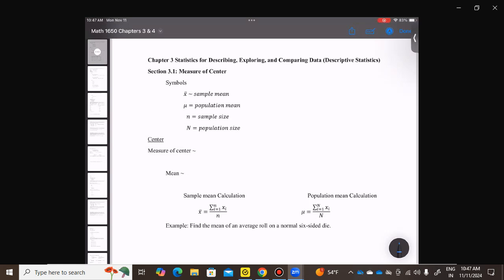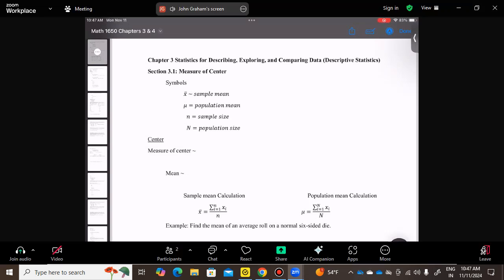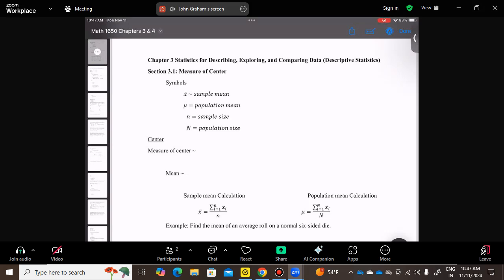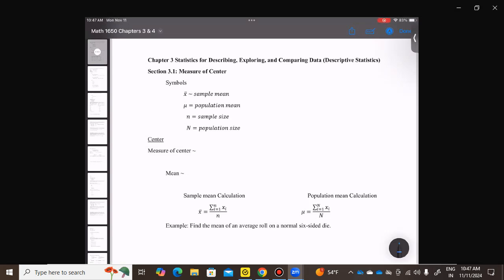For instance, the sample mean is x with a bar above it. The bar always means average. For a population mean, it's a Greek mu symbol. For a sample size, which is how many data points you have in a data set, it's a small n. Population size, which is how many people you have in the population, it's a capital N.